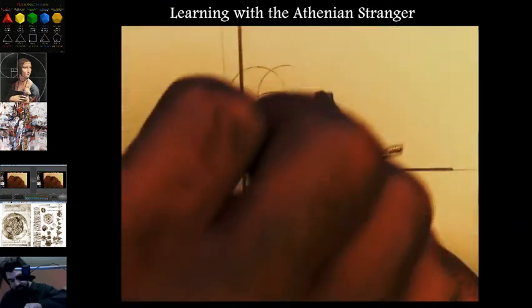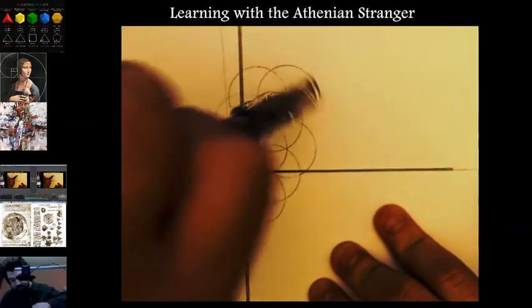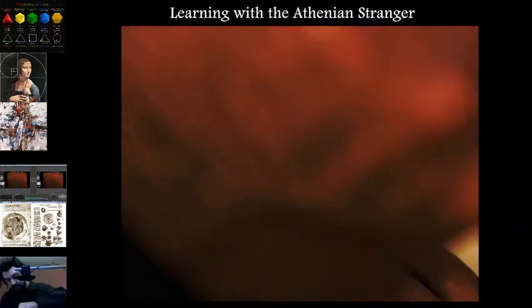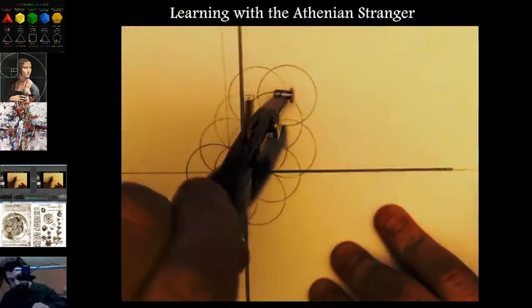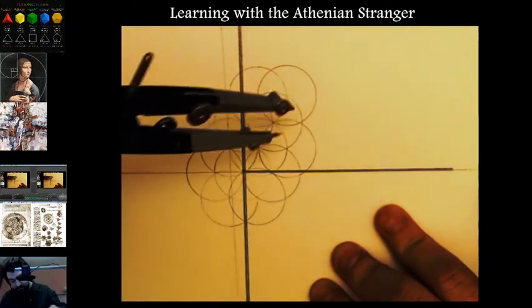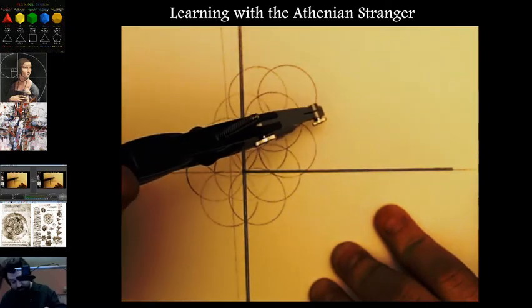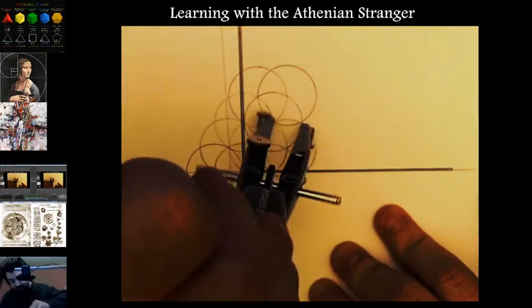As I draw these wider and wider array of circles, you'll see other flowers emerge, or seeds, seed pods, however you want to refer to them. They look like little flowers to me.